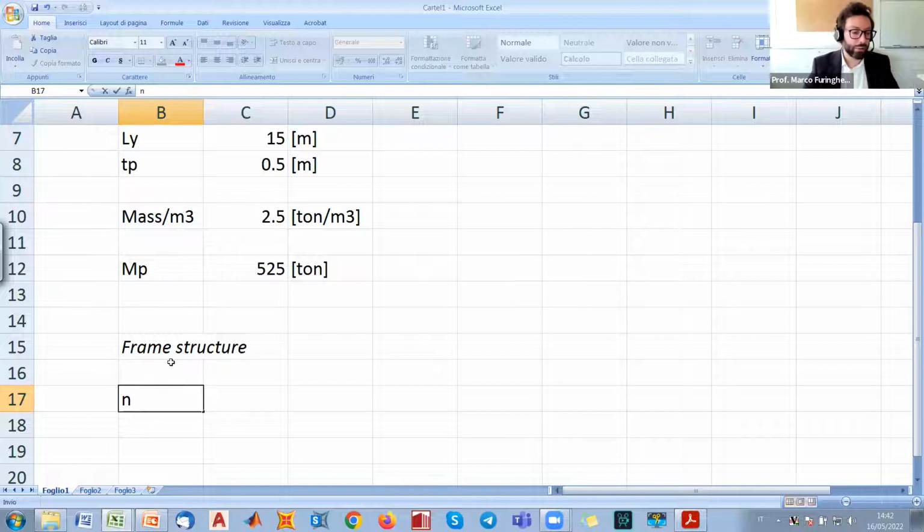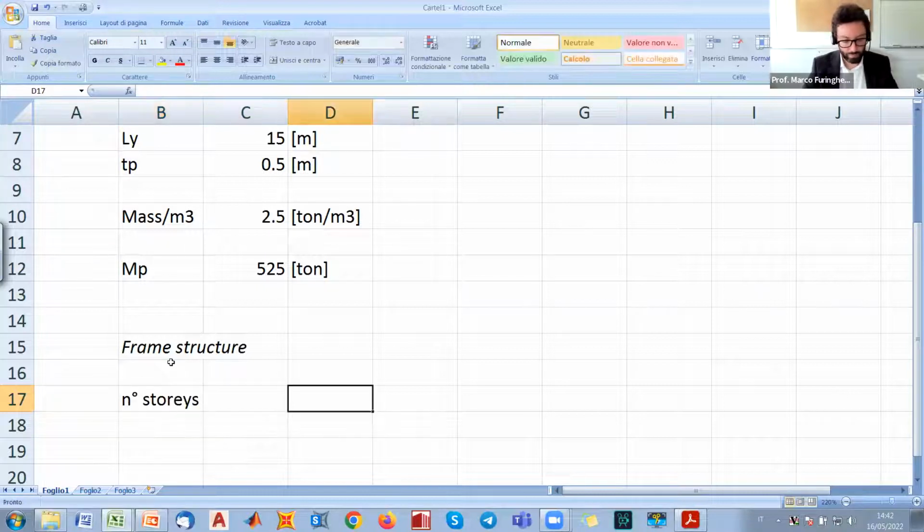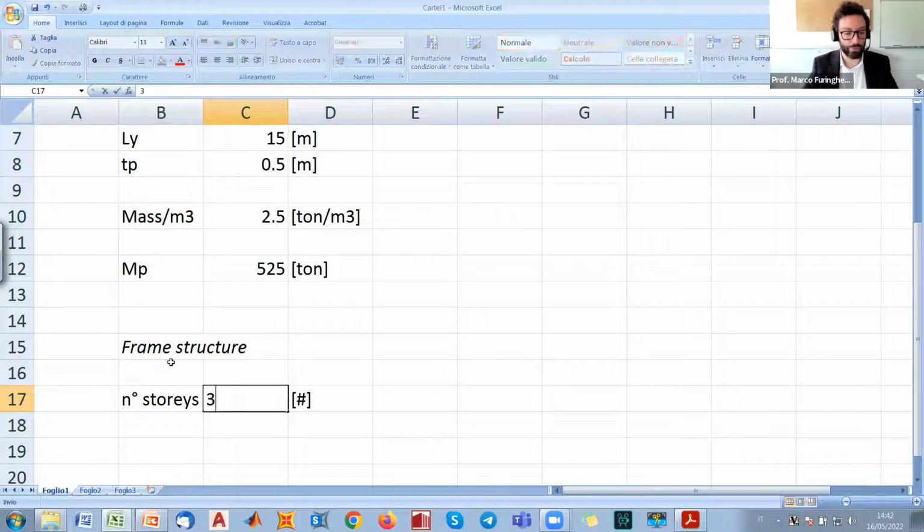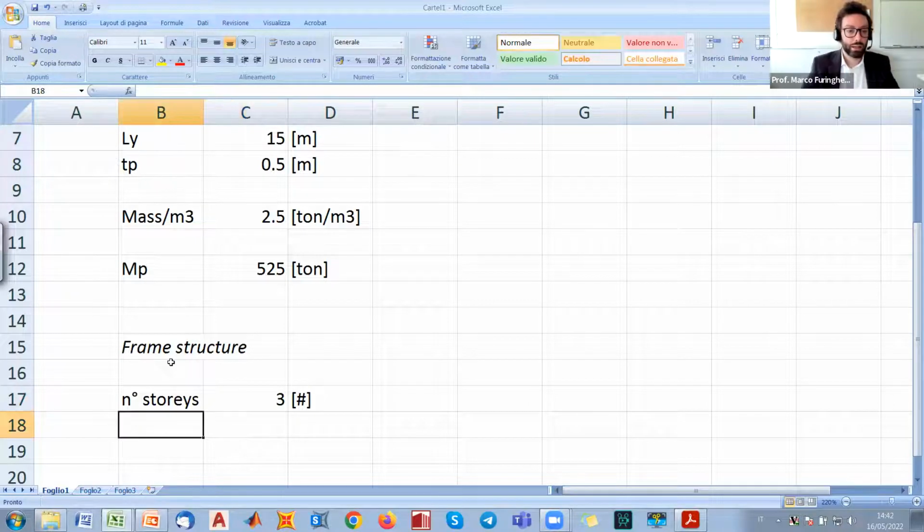So let's define the number of stories, which is just a number, and we have 3 stories. We do this so that at the end you have a very easy spreadsheet in Excel, where you can just change some numbers and come up with another definition of a case study structure, and you can practice.